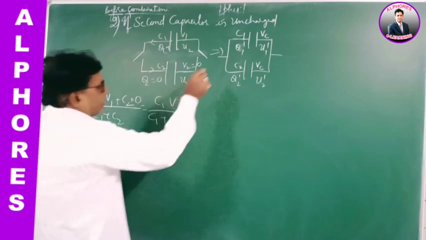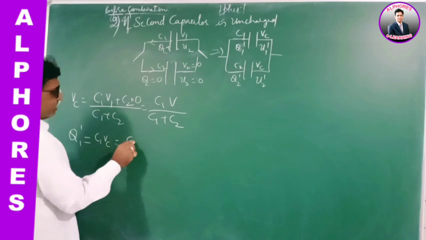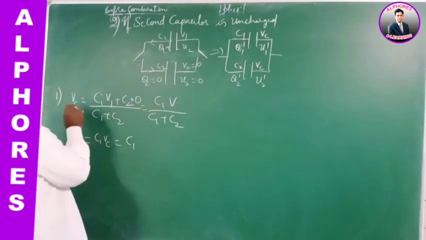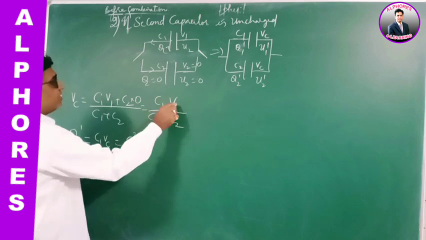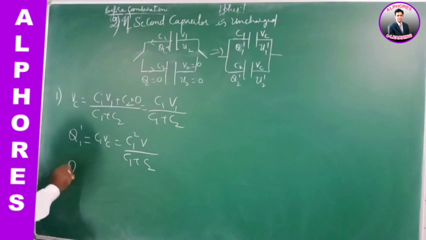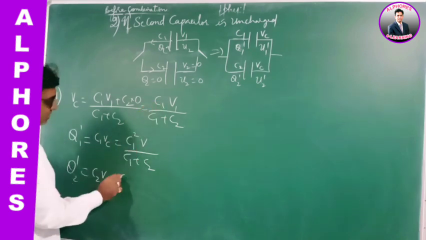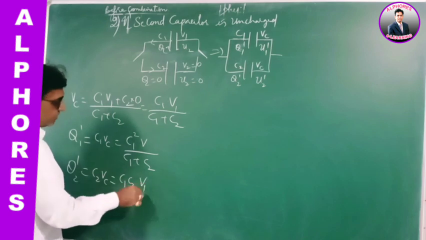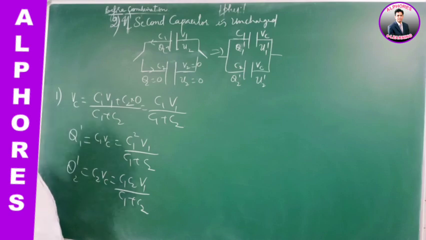Q1 dash is C1 into Vc, that is C1 squared V1 by C1 + C2. What is the charge on the second capacitor? It is C2 into Vc, that is C1 C2 V1 by C1 + C2.